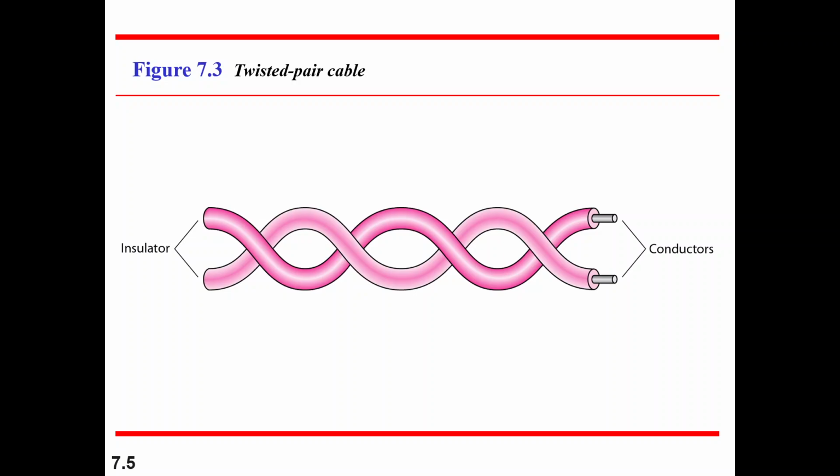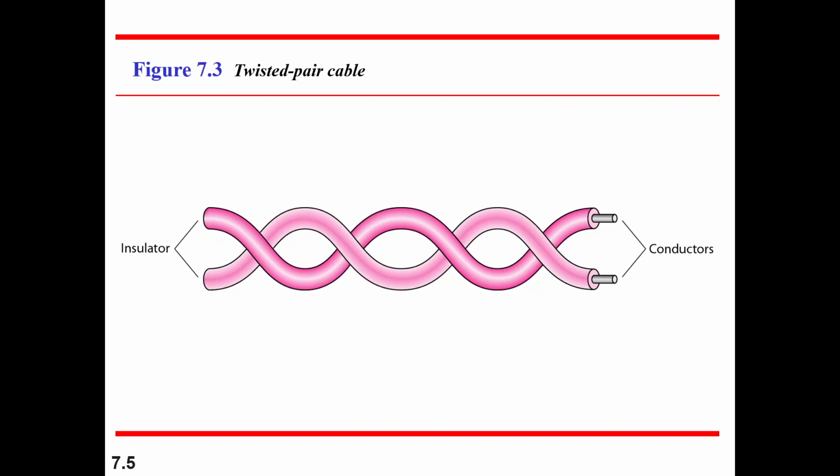In addition to the signal sent by the sender on one of the wires, interference or noise and crosstalk may affect both wires and create unwanted signals. If the two wires are parallel, the effect of these unwanted signals is not the same in both wires because they are at different locations relative to the noise or crosstalk sources. For example, one is closer and the other is farther. This results in a difference at the receiver.